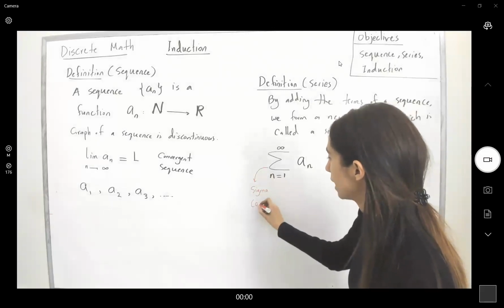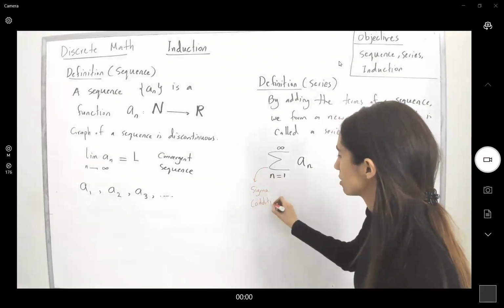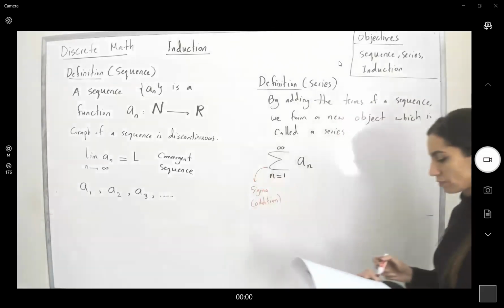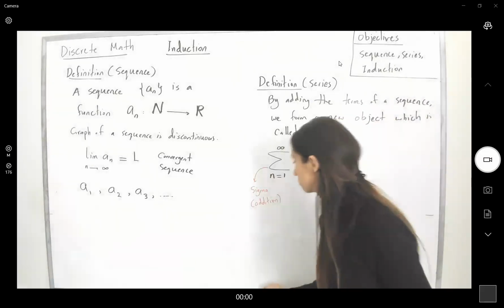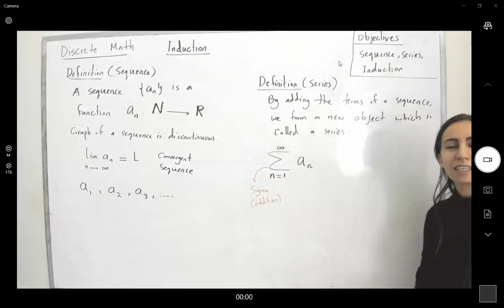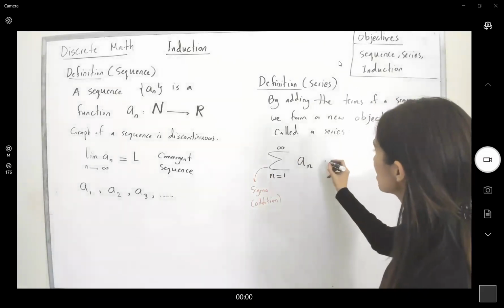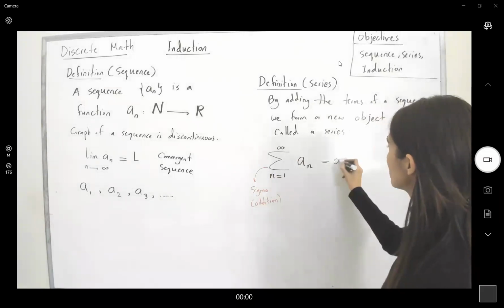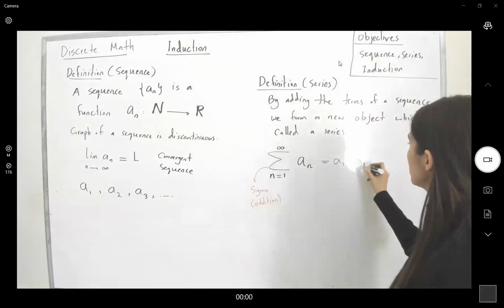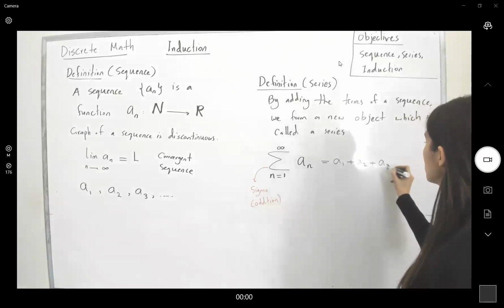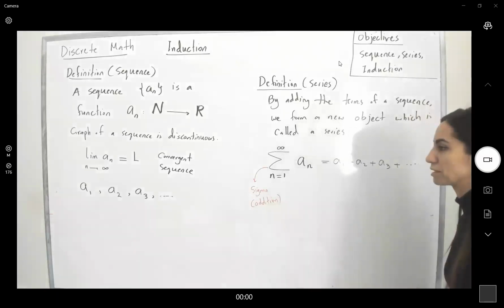The meaning of that is addition or summation. So what does it give us? It gives us the addition of the terms of the sequence: a sub 1 plus a sub 2 plus a sub 3, and the rest of them.